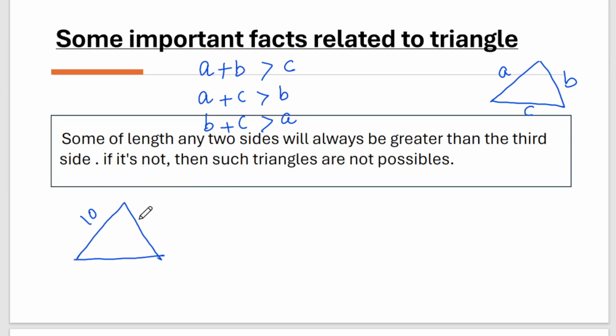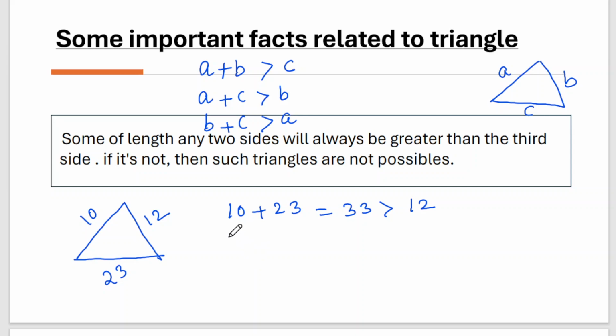Suppose it is 10, 12 and 23. Now if I ask you whether such a triangle is possible or not, let me check. First one is 10 plus 23, that is equal to 33. 33 is greater than the left side, that is 12. Okay.